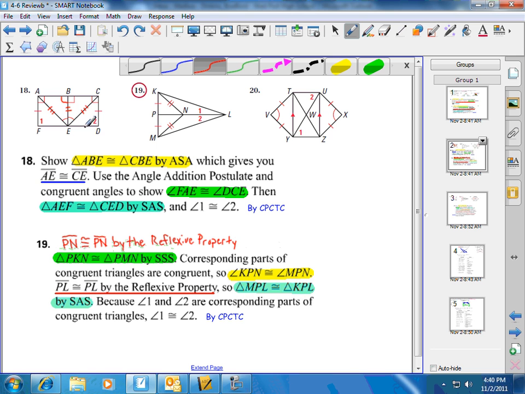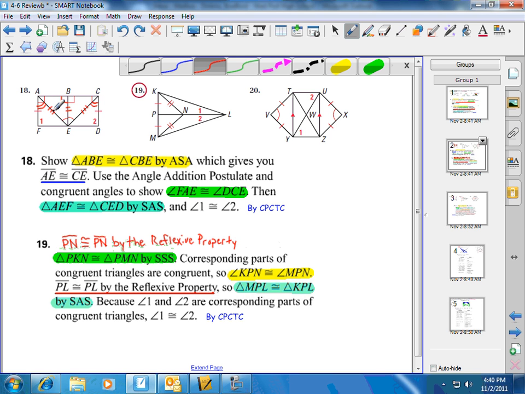I can say that angle FAE and DCE are also congruent. The reason these two angles are congruent: the two angles together are 90 degrees.